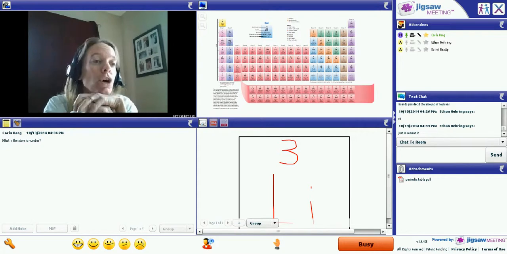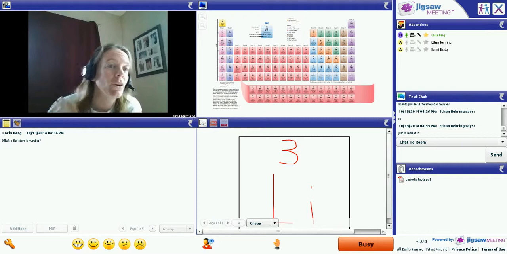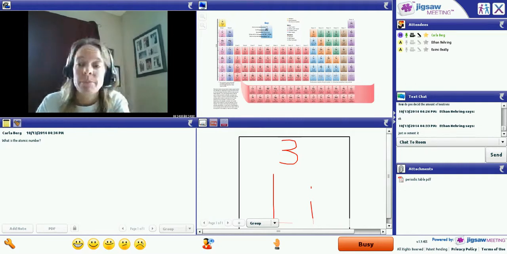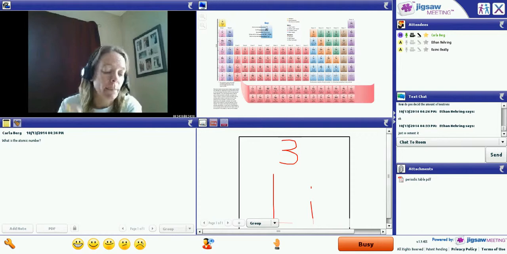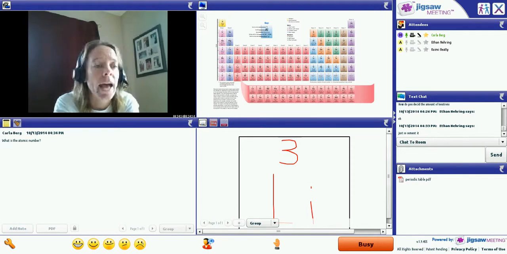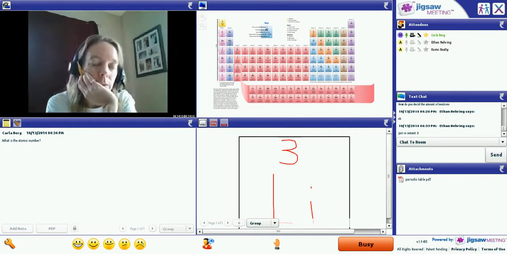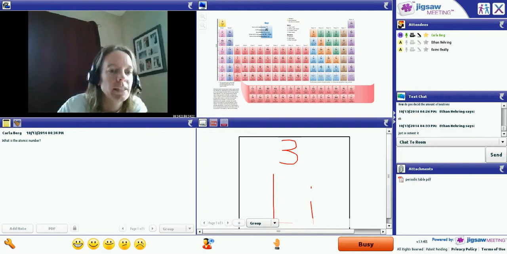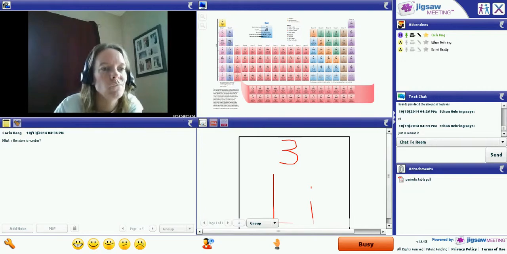What I want you to do is go to the second icon on that toolbar, and it looks like a yellow notebook. Okay, and I wrote in there, what is the atomic number? Go ahead and answer to me. You're going to have to hit Add Note. And go ahead and type your answer in. And it still came up there. All right, perfect.